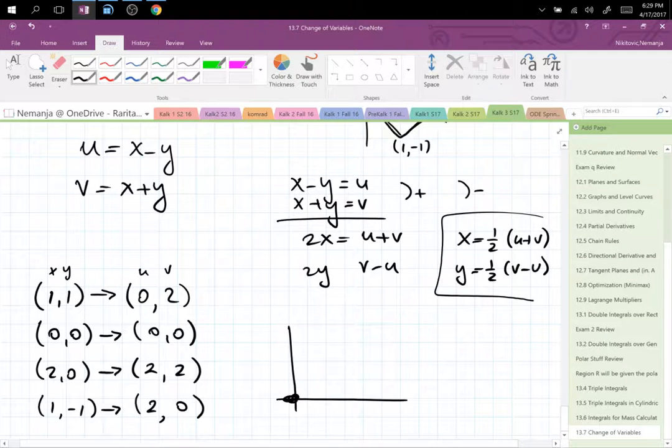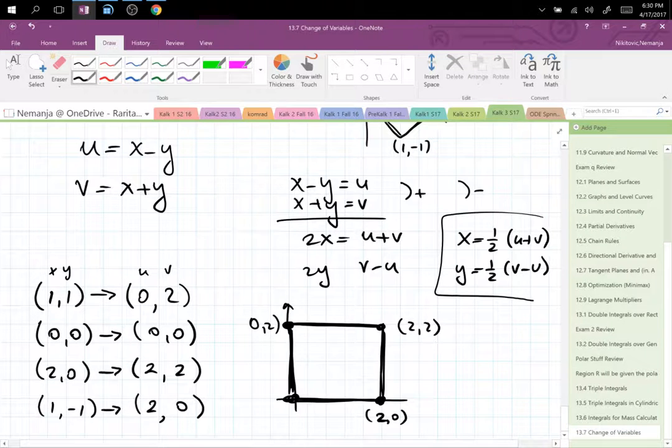You have 0, 0. Here's your 2, 0. Here is your 2, 2. There you go. 0, 2 and 0, 0. So this is your region S.